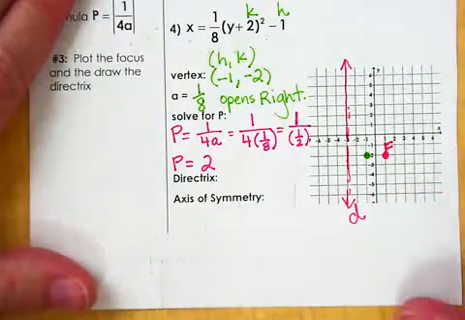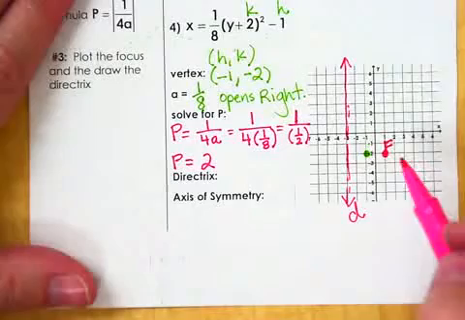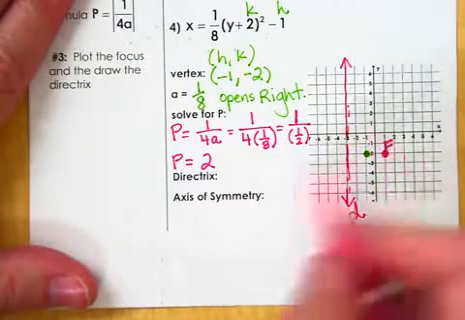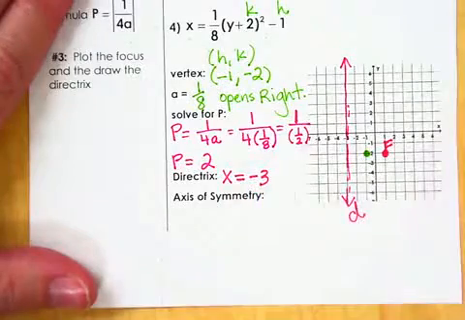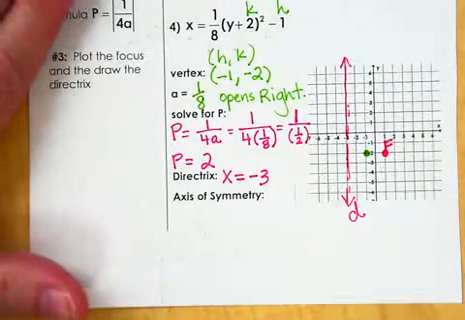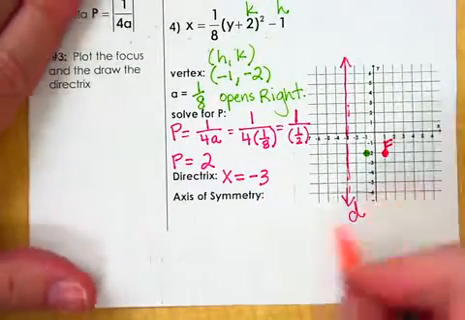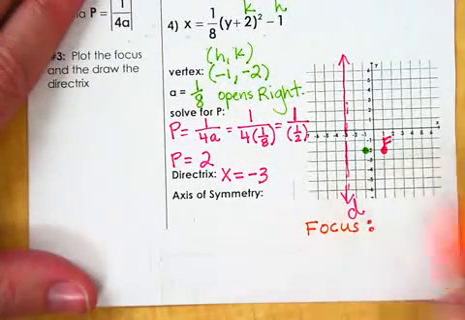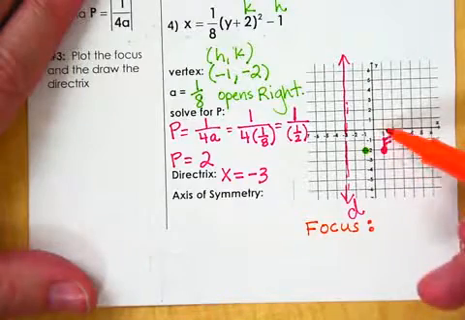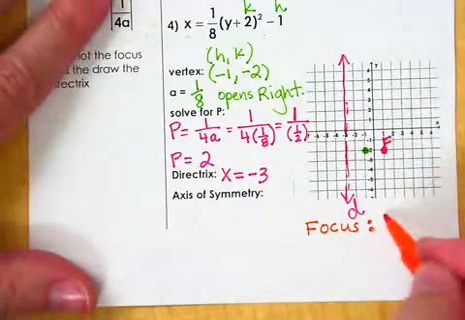So the equation for the directrix is going to be x equals -3. The focus, which isn't on here for some reason, the ordered pair is going to be (1, -2).